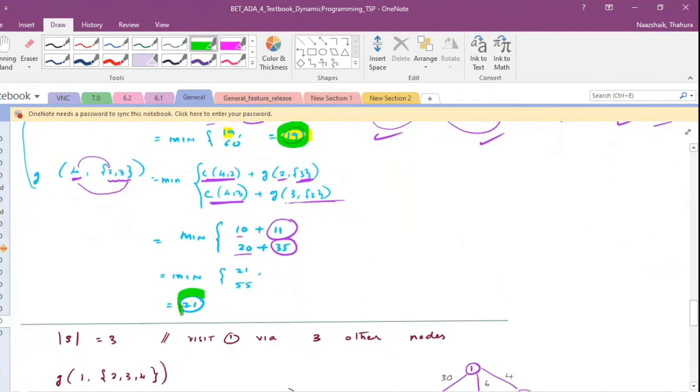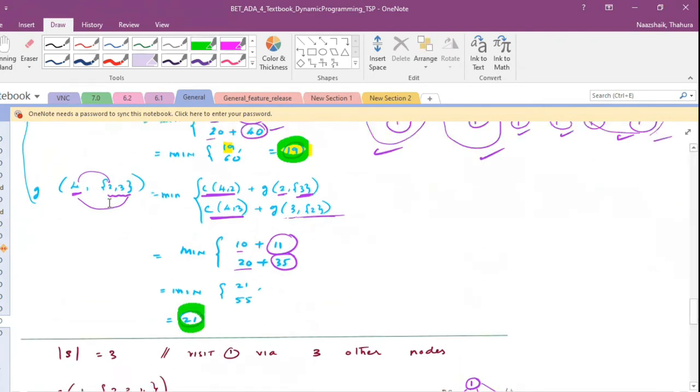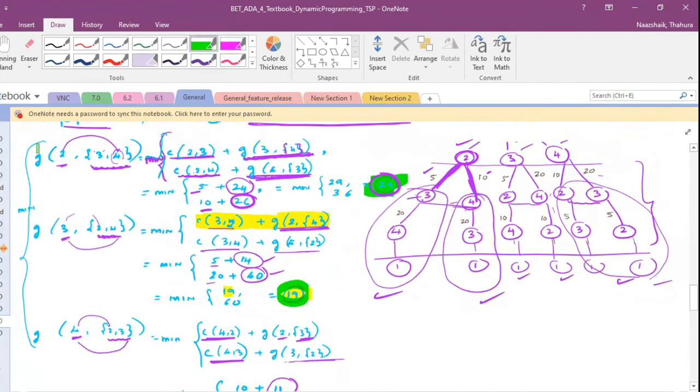21, right? But to solve this complete problem, this again is a minimum. Out of these three choices, you have to pick only one, right? So here again, you have to check which one is minimum. That's why you take the minimum of all three. So you have three values. Sorry, what was this? I think this was 29, right?